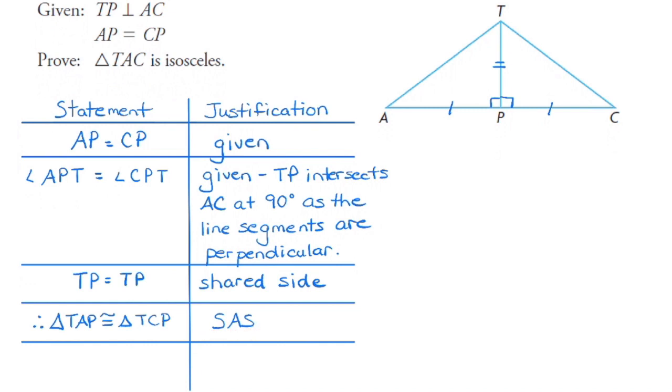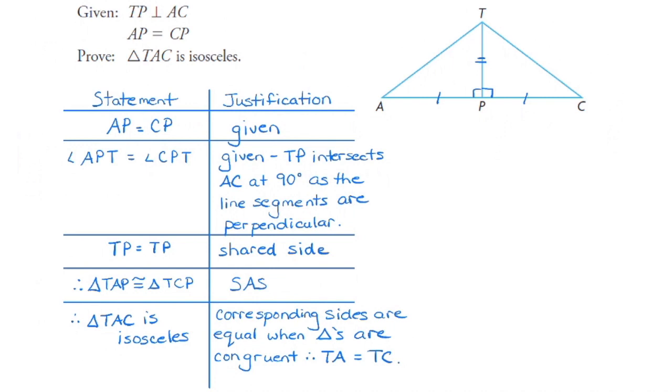But then go back to what we're originally trying to prove. We have to show that TAC is isosceles. This tells us that we have two triangles that are congruent, but how do we now know that they are isosceles? Our final statement is going to say, therefore, this is isosceles, and then how specifically do we know that? You always finish off your final statement with what we're trying to prove, and then we say corresponding sides are equal when triangles are congruent.